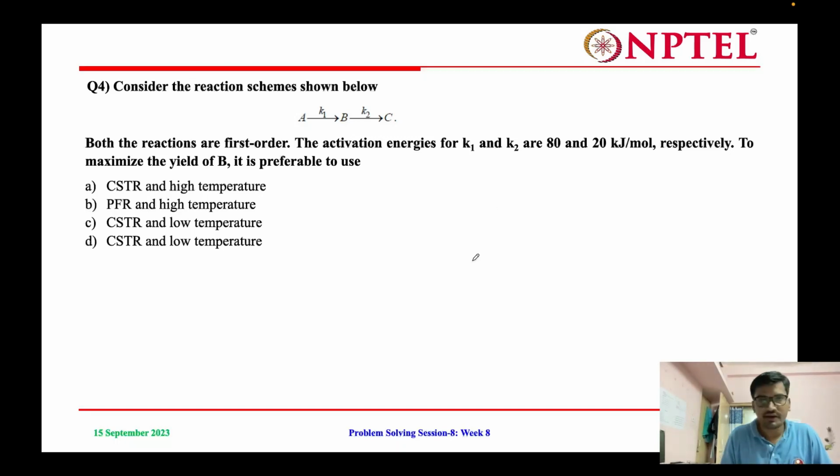Here E1 is greater than E2, so in this case high temperature will favor the reaction A to C. So to maximize B, PFR and high temperature is preferable.